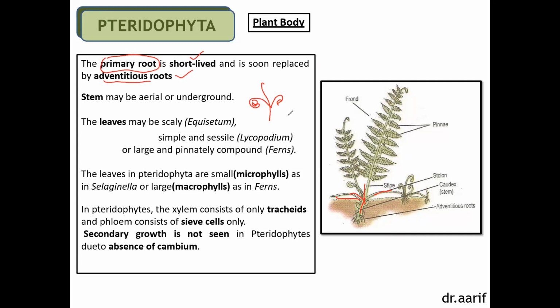Then sometimes we observe it as sessile. Sessile means a single leaf on one peduncle. Then sometimes we observe a compound leaf. Compound leaf means what? There is a leaf, and again it shows a structure like this.